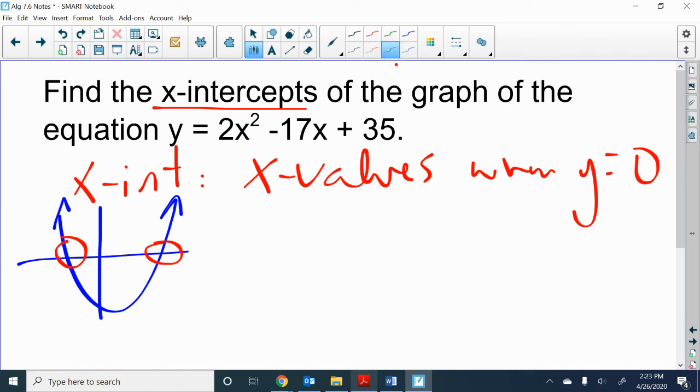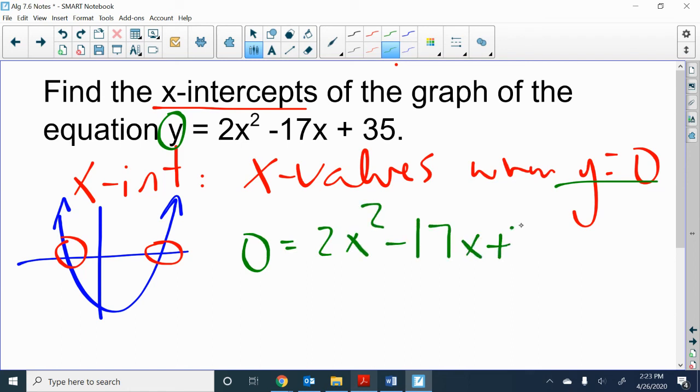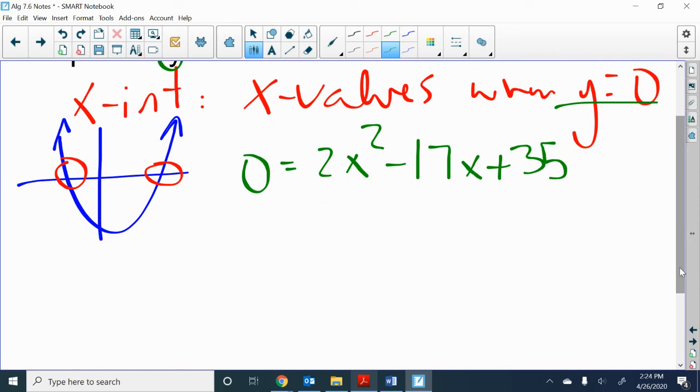All right, so I want to find the x values when y is equal to 0. So I'm going to set this y equal to 0. And so 0 is equal to 2x squared minus 17x plus 35. And really, as I said, this is just a different way of asking the same question that we've been solving. So I'm going to factor 2x squared minus 17x plus 35.